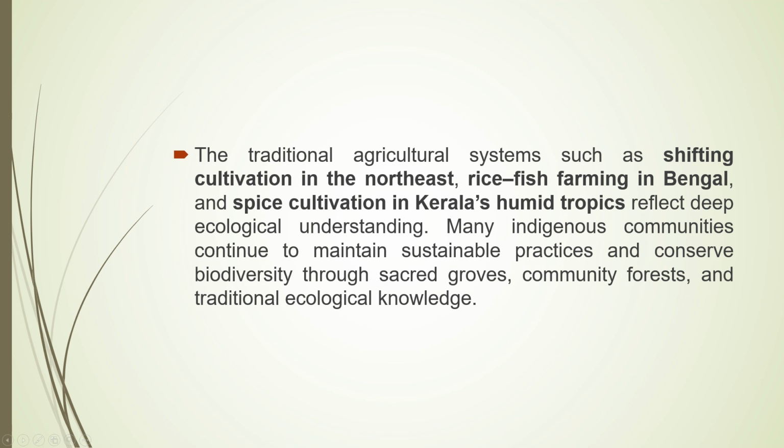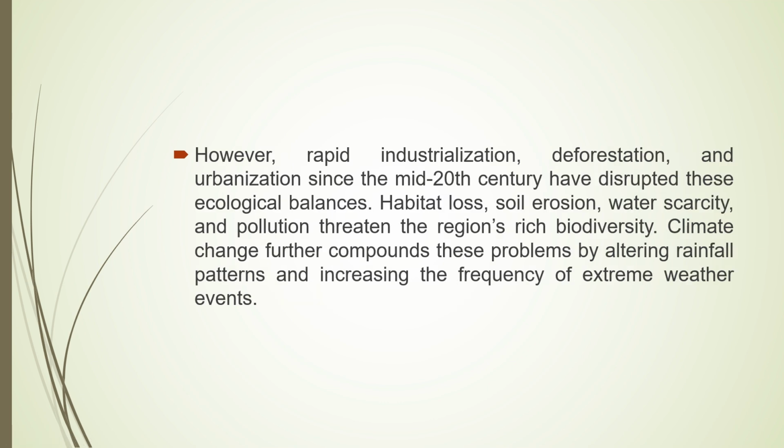The traditional agricultural systems, such as shifting cultivation in the northeast, rice-fish farming in Bengal, and spice cultivation in Kerala's humid tropics, reflect deep ecological understanding. Many indigenous communities continue to maintain sustainable practices and conserve biodiversity through sacred groves, community forests, and traditional ecological knowledge.